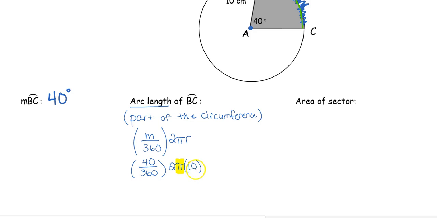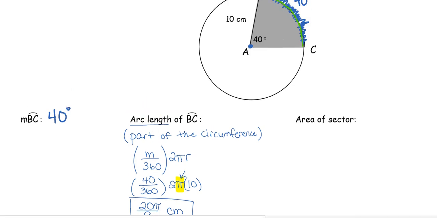You're still going to get a decimal, but you're going to math frac it. And when you math frac that decimal, you're going to get 20 over 9. We didn't do the pi, so we're going to put the pi on top of the fraction. So the length of that sector is going to be 20 pi over 9 centimeters.